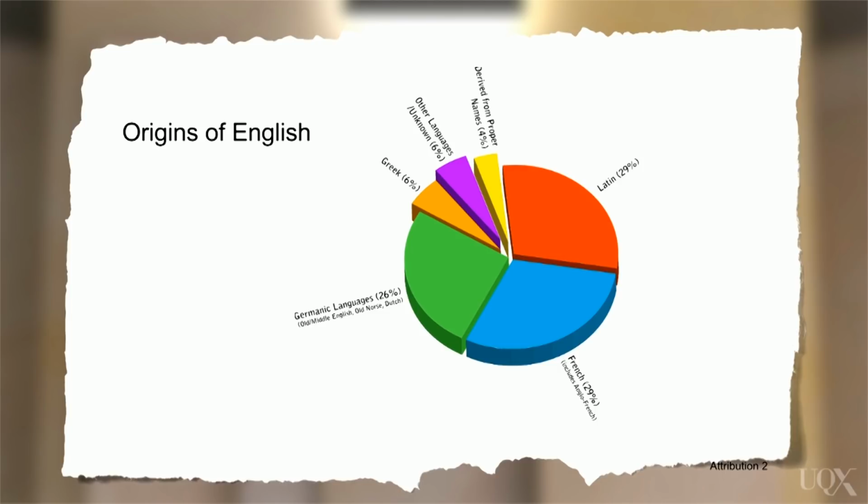We'll write about the dominant group first. We can see that the influence of French and Latin is exactly the same at 29%, and that of Germanic languages is almost as much at 26%. All 3 of these languages together make up more than 80% of the origins of English.